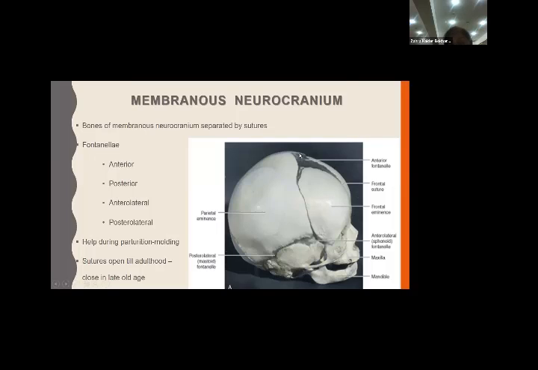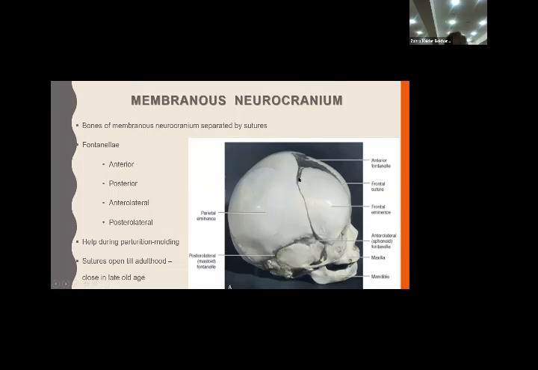Where are these located? The anterior fontanelle is between the two frontal bones and the two parietal bones. This diamond-shaped area is between the two frontal bones and between the two parietal bones. These four bones should have met over here, but a gap remains between them.